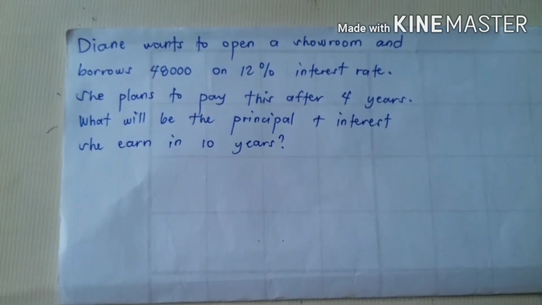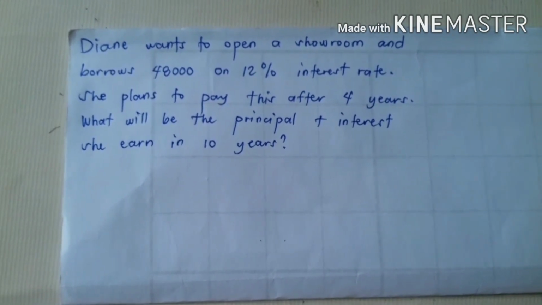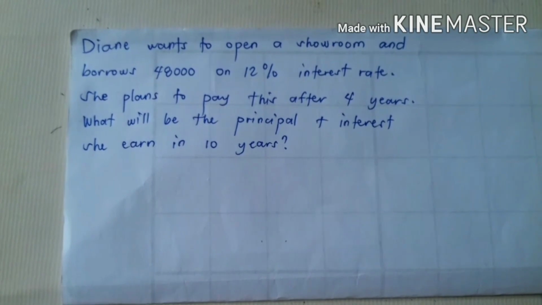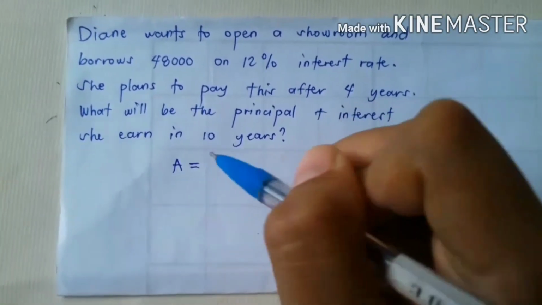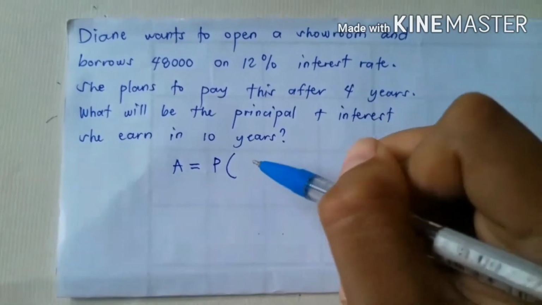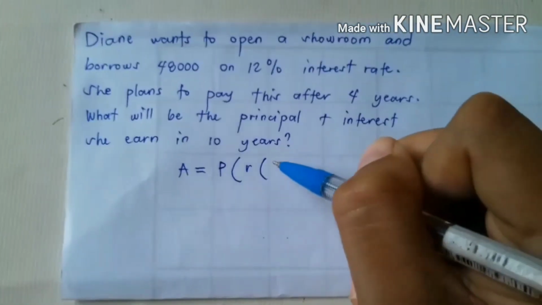Diane wants to open a showroom and borrows 48,000 at a 12% interest rate. She plans to pay this after 4 years. What will be the principal plus interest she owes? We are looking for the total amount and this is the formula.